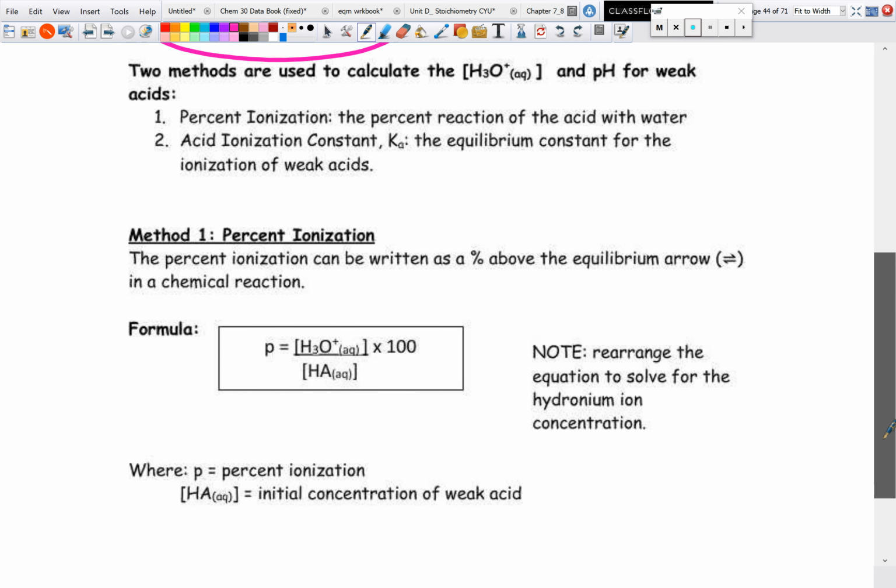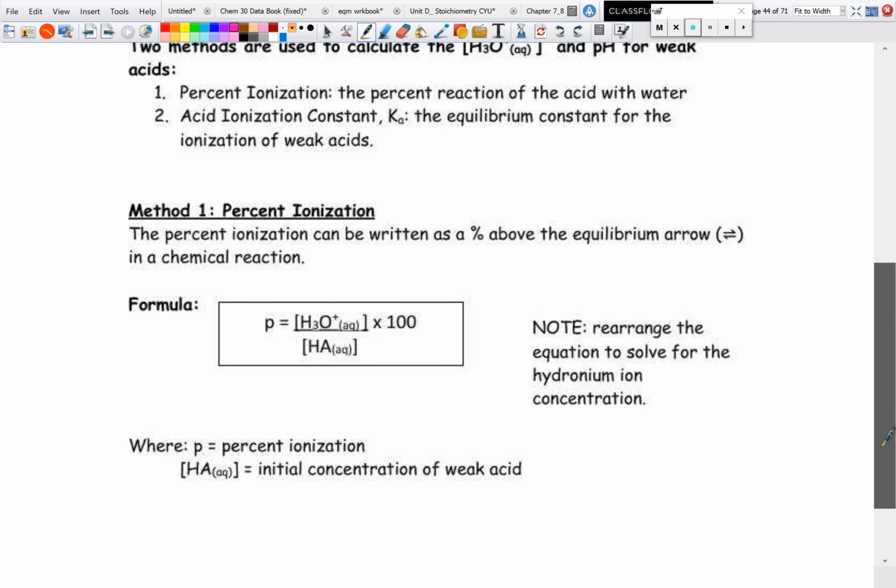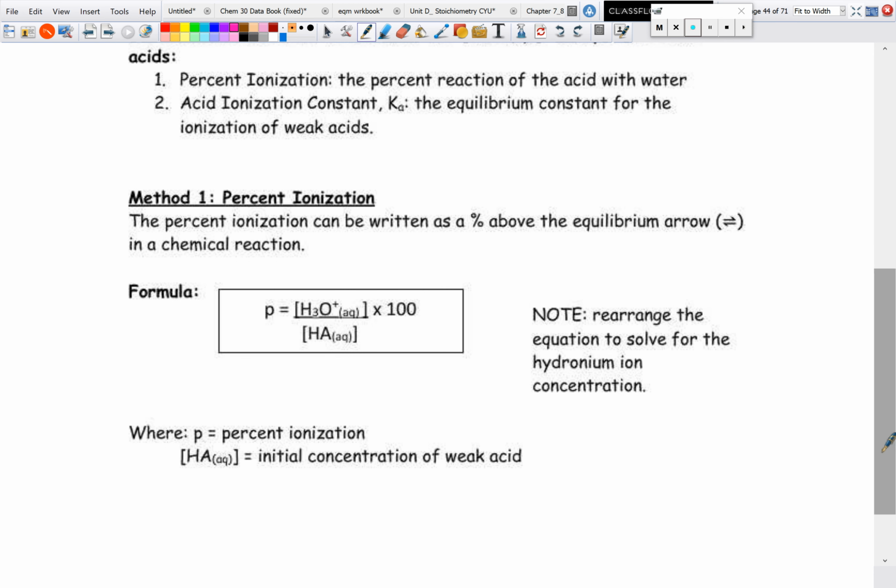So there's two different ways that we can actually calculate or communicate equilibrium positions. One of those is percent ionization. So percent ionization, we have our formula right here. We take the concentration of hydronium and divide that by the concentration of our original acid and multiply by 100%. So of course, we need to figure out how to calculate the concentration of hydronium.